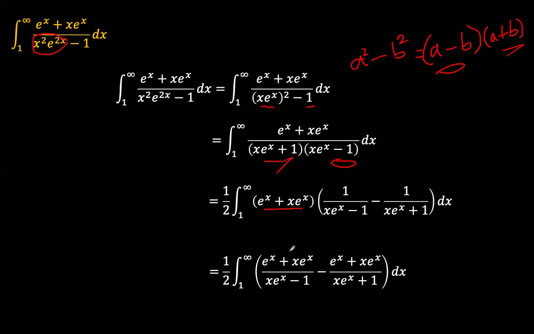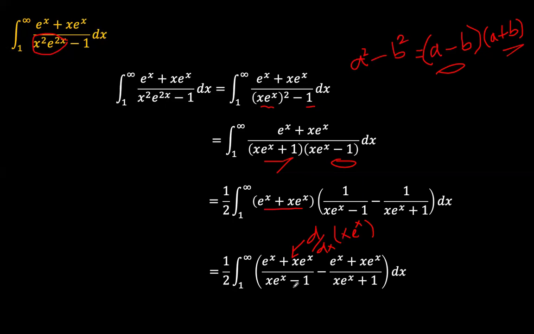Now, when I look at these here, this is the same as the derivative of x times e to the power x, right? That's the same thing, because when you use the derivative of a product, you differentiate x and multiply by e^x, so the x goes away, you have e^x here, and then x times the derivative of e to the power x, and the derivative of e to the power x is e to the power x, so this is what we have.